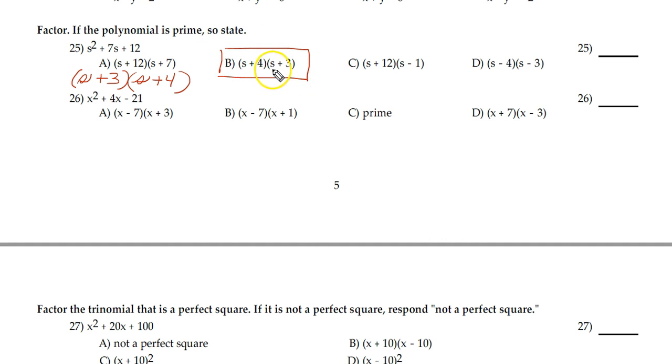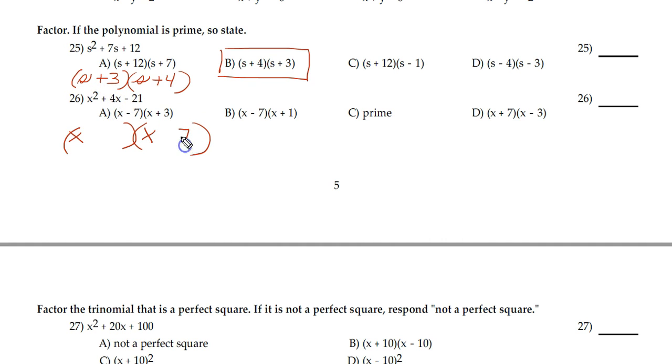Now it's okay that I put the 3 there and the 4 there. Could do it either way. All right, number 26. Again, it's in standard form. You cannot factor out any common factor, so our A term is 1, so this is going to be an X and an X. Now, factors of a negative 21 that add up to a positive 4.